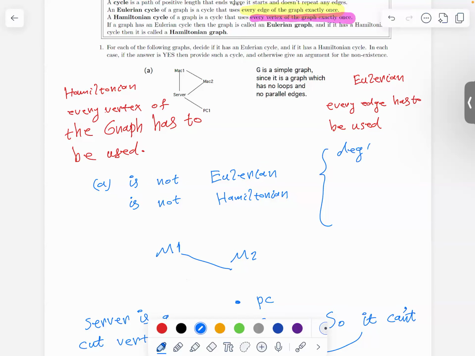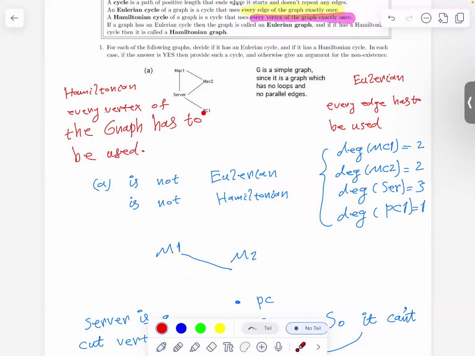The degree of Mac 1 is 2, the degree of Mac 2 is 2, the degree of server is 3, the degree of PC1 is 1.